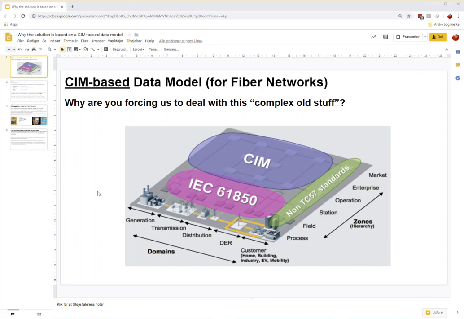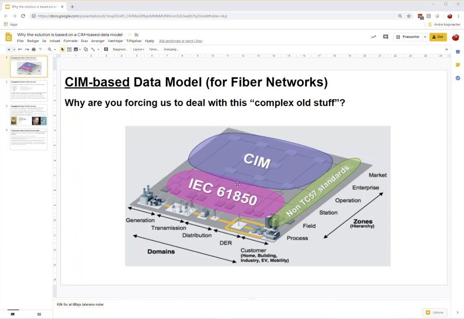And that's not the idea, because the customer, of course, will not use our system if they can use the other system that's already proven and maybe used by a lot of other utilities, if our system is not any better. So we have to do the job better. And one way to do that is to utilize the CIM standard.